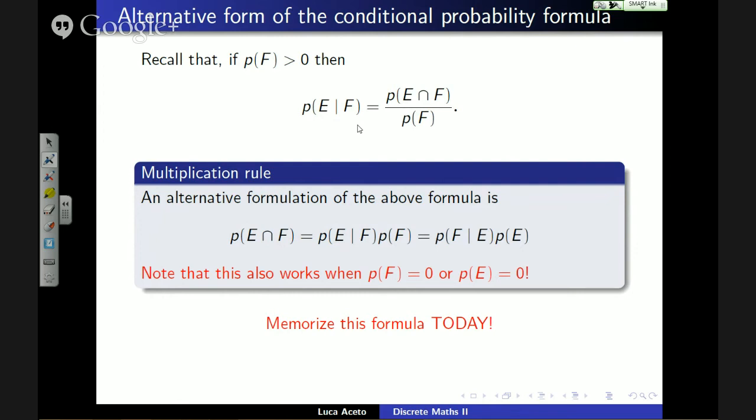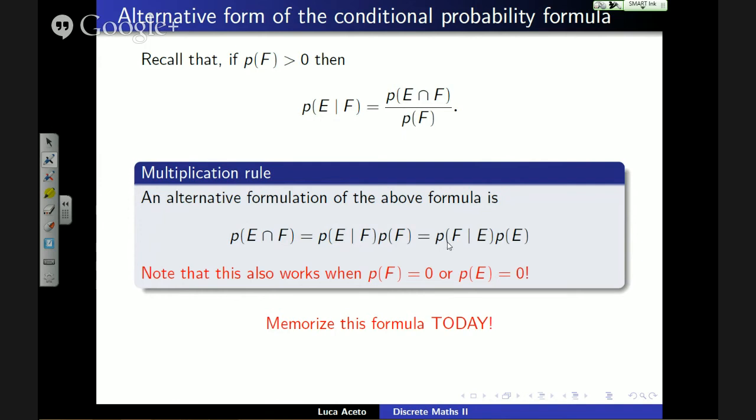The advantage of this multiplication rule, sometimes over the formula that we started with, is that this formula only makes sense if the probability of F is non-zero. Why? Because we can't divide by 0. But you can multiply by 0, so this version here actually can be used even when the probability of E or the probability of F is 0.